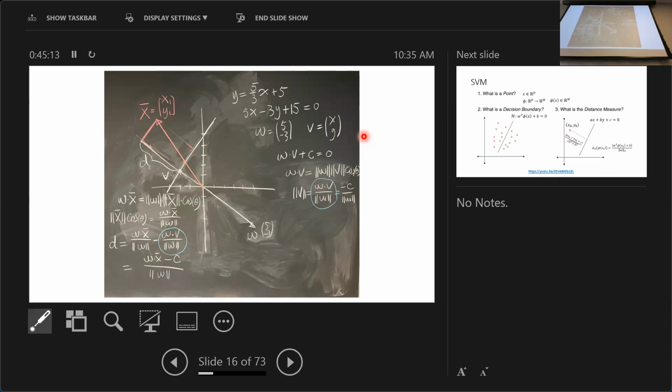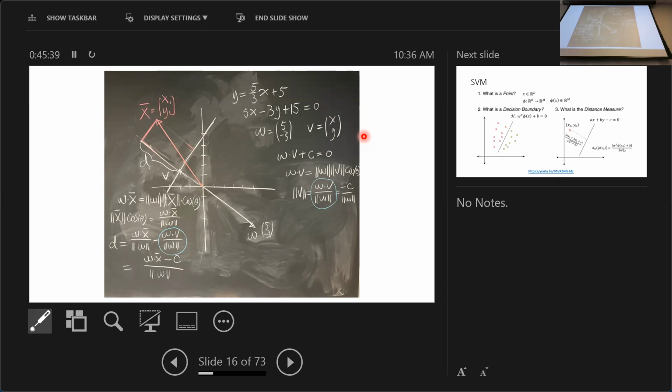I use this expression to compute how long this is. Okay, we are done with the right side. So it's a little bit tricky rearrangement, and then we get this relationship.